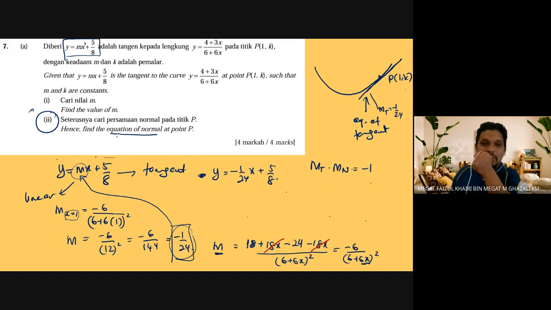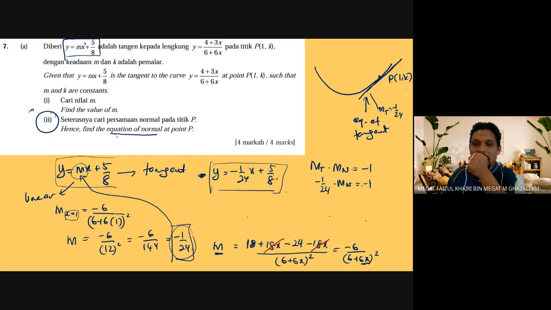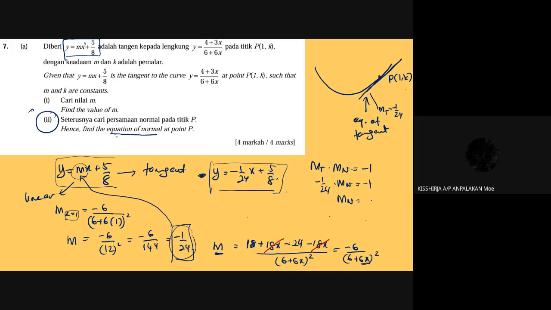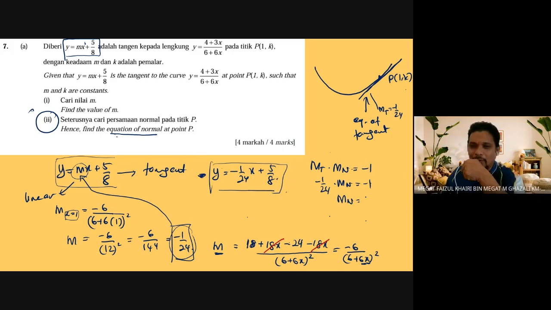This is the equation of tangent with m negative 1 over 24. So this is a gradient, this is an equation of tangent. But then the question number 2, find the equation of normal, which means that from here, negative 1 over 24 times gradient of normal equal to negative 1. So then gradient of normal equal to? 24.